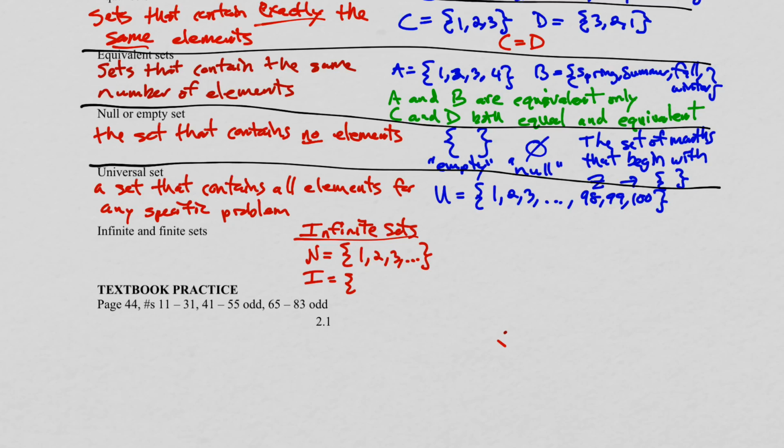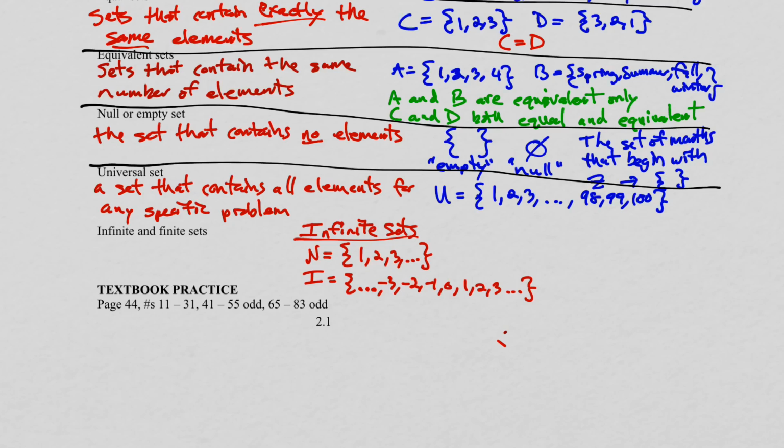Integers now include a 0 and negative, so that goes forever to the left, 0, 1, 2, 3, and forever to the right. That's also an infinite set.